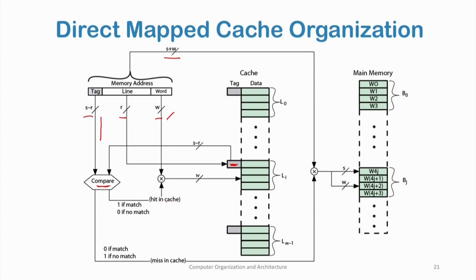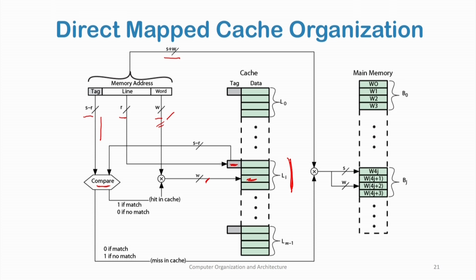When we have a hit in cache, we read the corresponding word in the cache and retrieve it. The corresponding word is identified by the least significant w bits, which identify which word within this line is in cache.